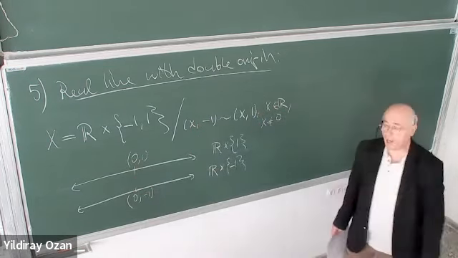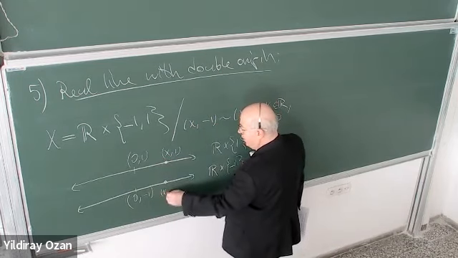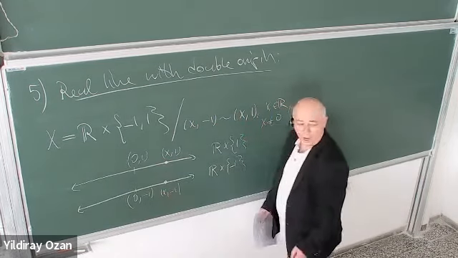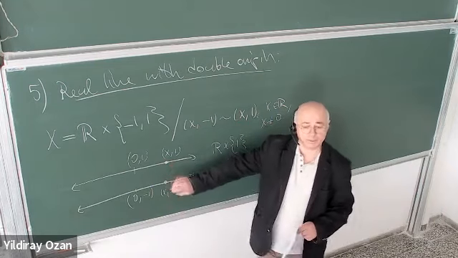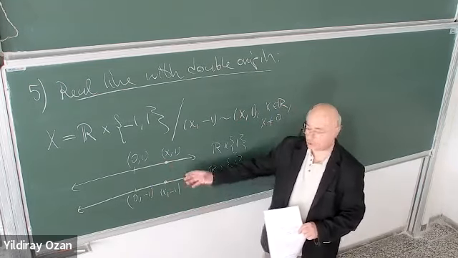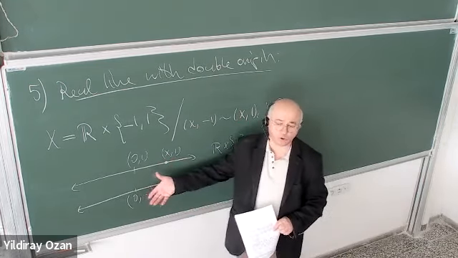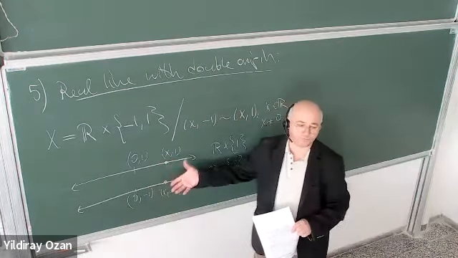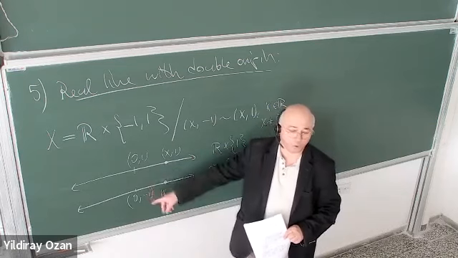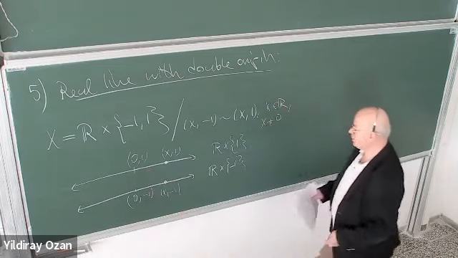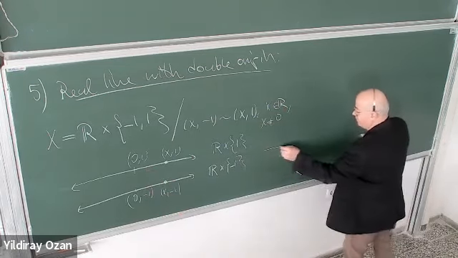And then, for any point other than the origin, you look at these points (x, 1) and (x, -1), and you regard them as the same. In other words, you just glue these two copies of the real line at every point, except the origin. What you get is something like this.